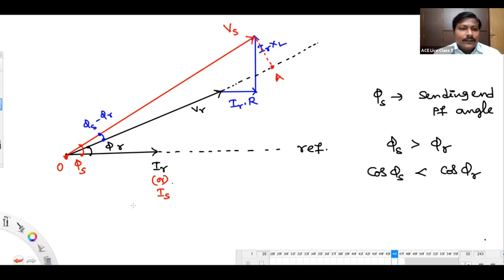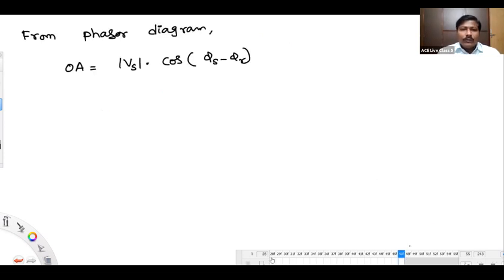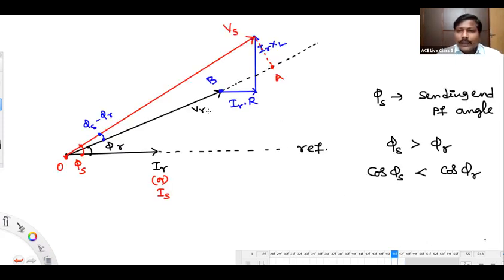Next thing, let me call this point B here. Then what is the OB length here? OB length is nothing but mod VR.